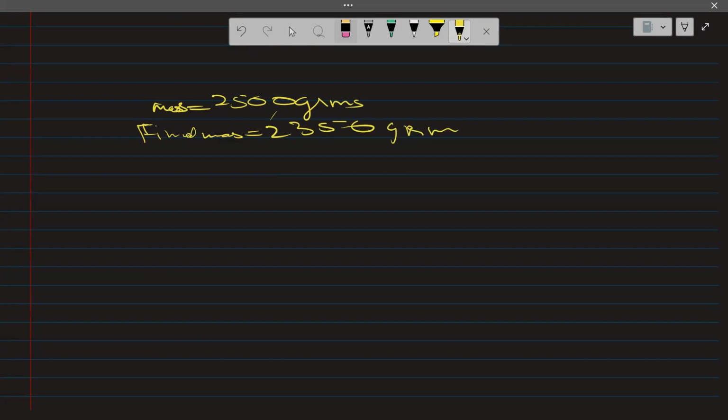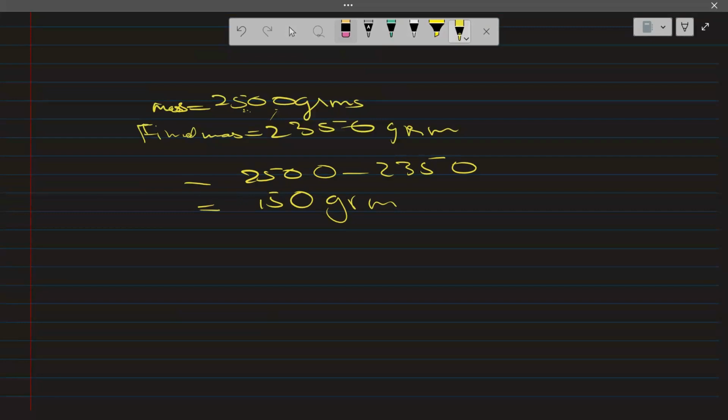First, we have to calculate the energy of the mass which is lost. So the lost mass will be 2500 minus 2350. The answer will be 150 grams of mass is lost. And when we convert it into kg, it becomes 0.15 kg of mass lost.